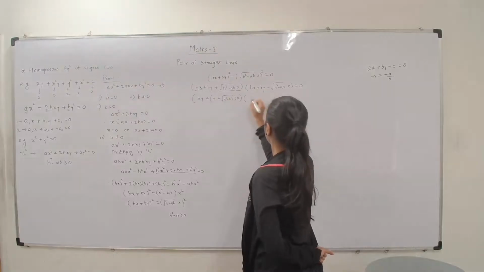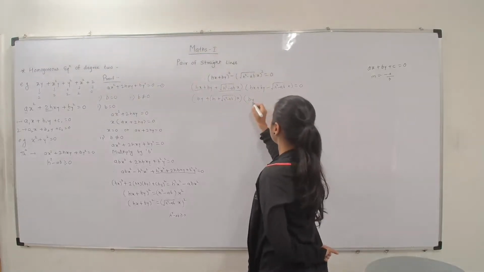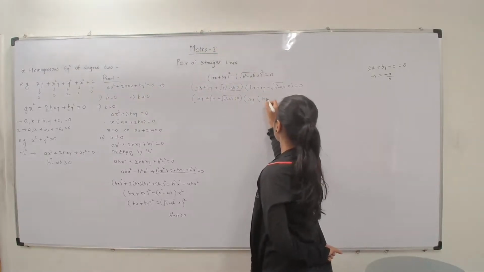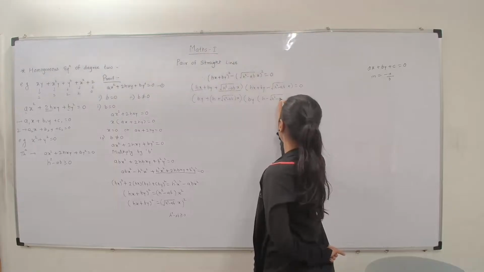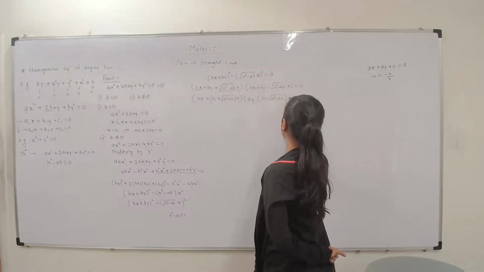Into again, say, hx plus by in bracket minus root of h square minus ab in bracket x.